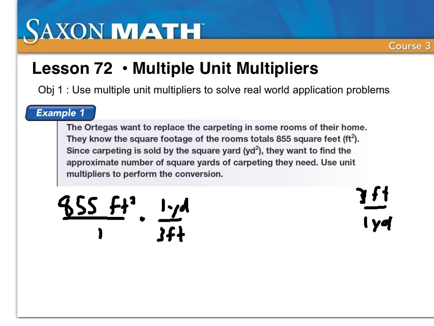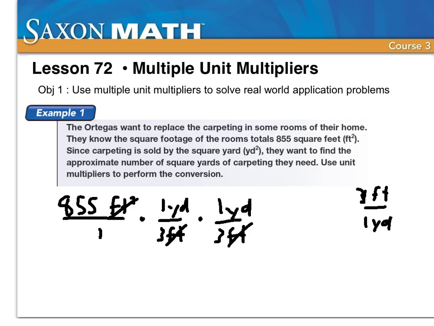So I need another unit multiplier. I have 2 feet labels on the bottom, so I'm going to do the same thing again, times 1 yard over 3 feet. The reason is that now feet times feet will cancel out feet squared. So these units all cancel each other.